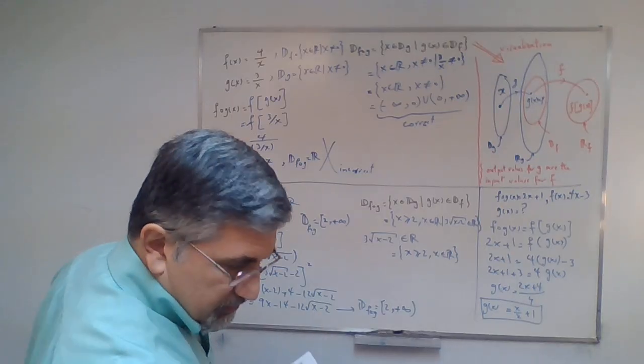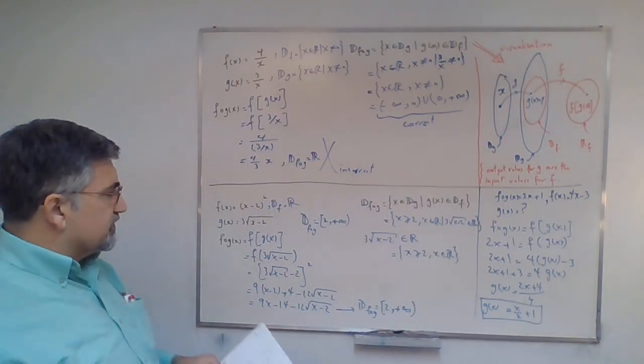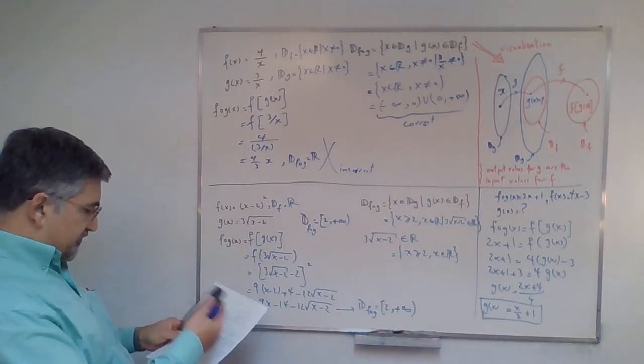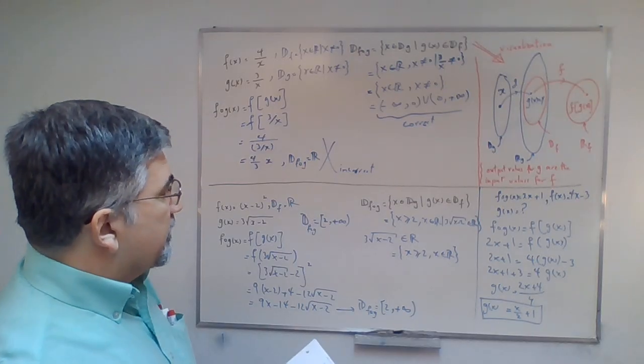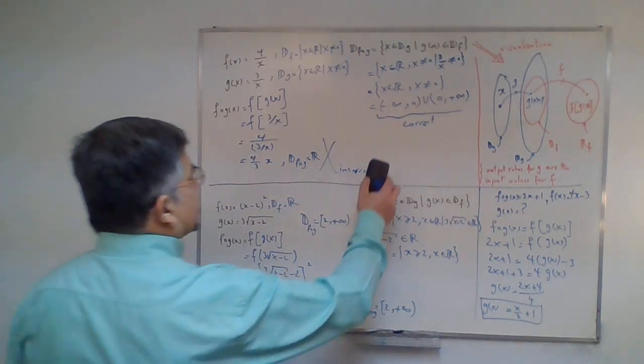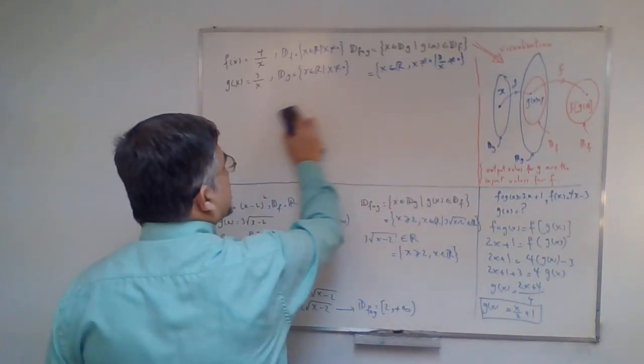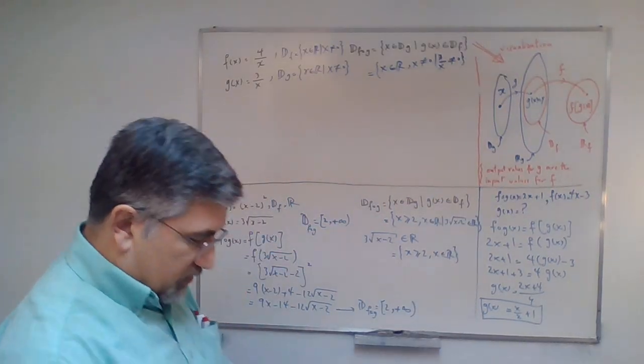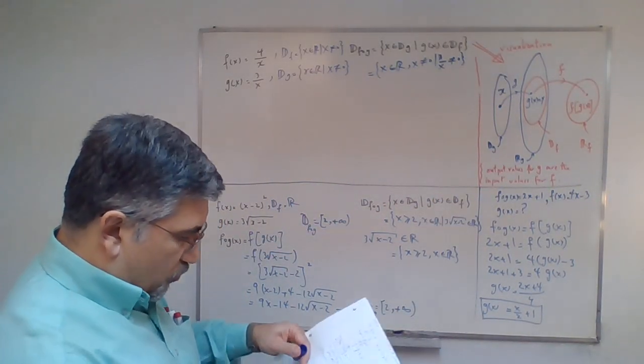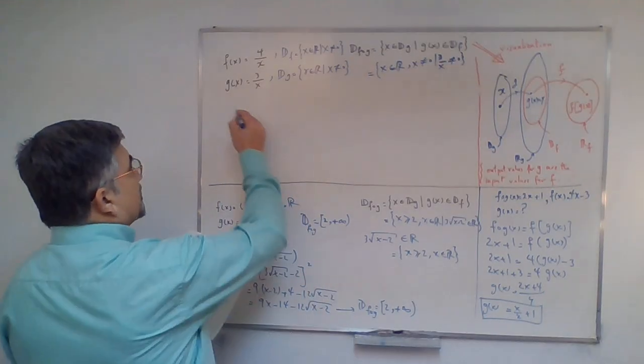I'll give you another example here where we have a conflict of domain. Now maybe I can erase this part and I'll show you this exercise here. Again, I want to show you that there is a conflict of domains happening, and you have to be very careful.